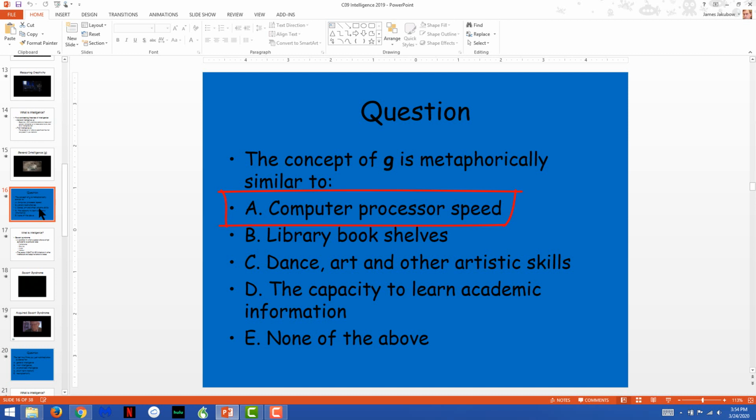So as a result, it is most closely related to things like computer processor speed. So if you had two laptops, one that was designed in 1980 and another one that was designed in 2020, and you had to do a great deal of computing work, of course the one from 2020 would be much faster, and it would get the work done much more quickly.